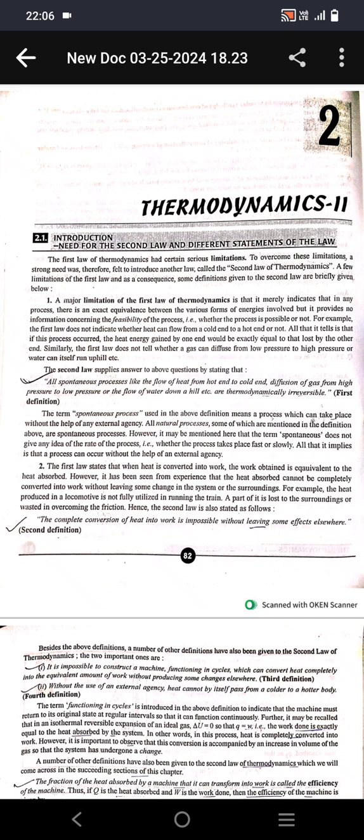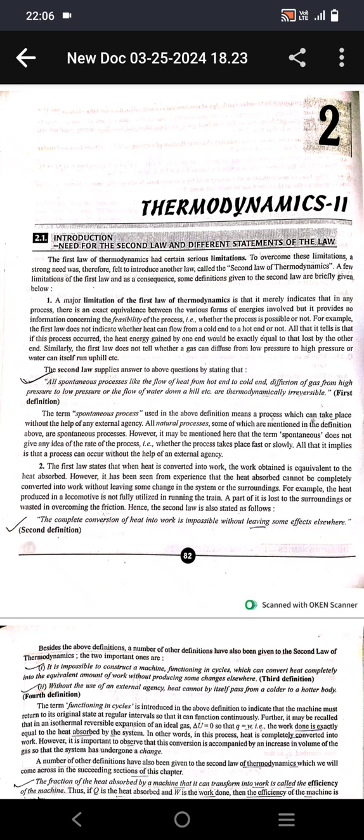Hence, the second law is also stated as follows: the complete conversion of heat into work is impossible without leaving some effect elsewhere. Besides the above definitions, a number of other definitions have also been given to the second law of thermodynamics. The two important ones are: first, it is impossible to construct a machine functioning in a cycle which can convert heat completely into the equivalent amount of work without producing some changes elsewhere.